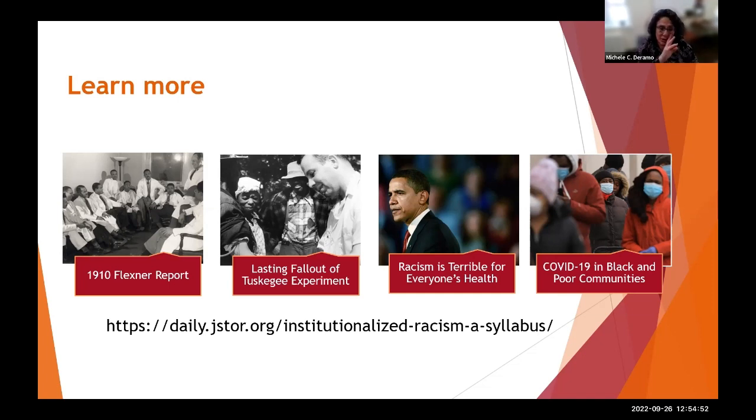There was an article about the Tuskegee experiment and the lasting impact of that. There was an article about health insurance and its intersections with race. And then, of course, an article about COVID-19 and the differential impacts in Black and poor communities.